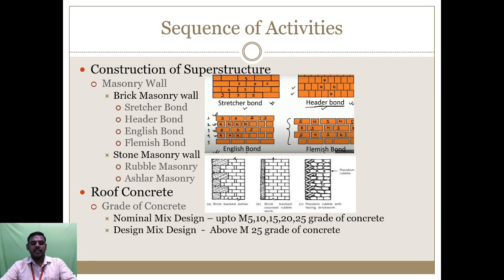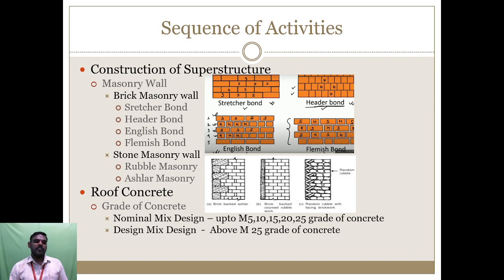So the load carrying capacity of ashlar masonry is high when compared to rubble masonry. Okay, rubble masonry will take loads in a lesser manner. Okay, the next heading, the roof concrete. While we are discussing roof concrete, it is laid above the brick masonry in a load bearing structure.